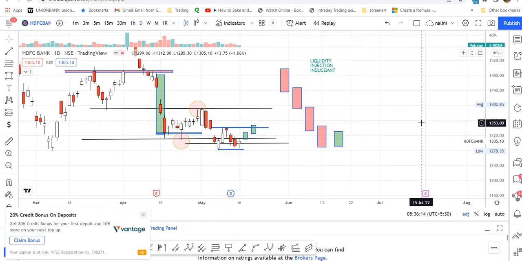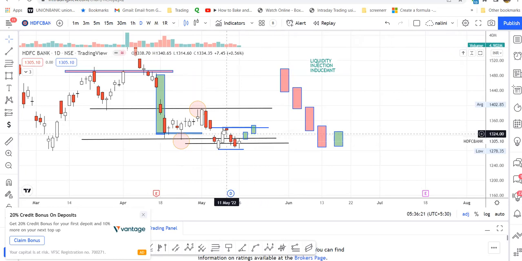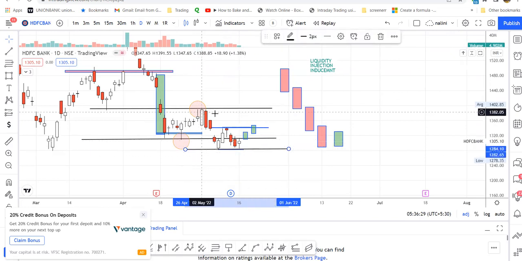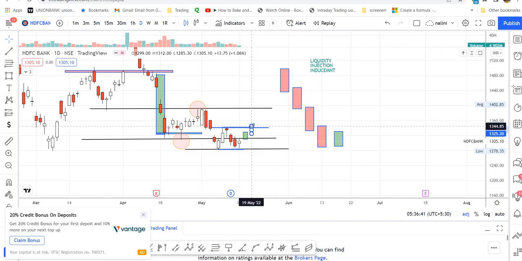Then you can look for the range expansion. So this range expansion, when I moved it, range expanded to the downside level. Now we have to see, this is the range. When inducement takes place at this level, around 1348, it may even go up to this level.